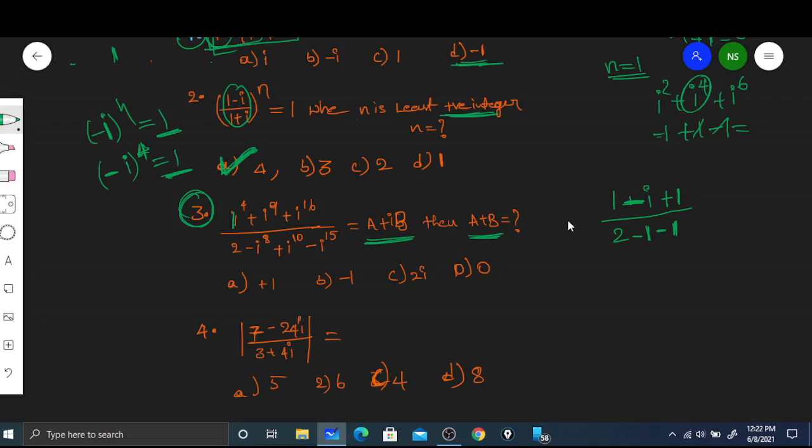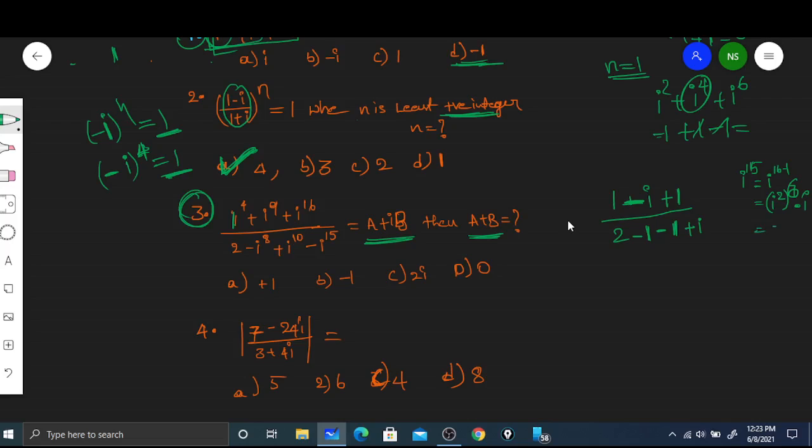i power 15 is minus i. How will we get that? 15 is nothing but we can write i power 15 as i power 14 into i, which is i square whole to the power of 7, no, not 7, i square whole power 7 into i.